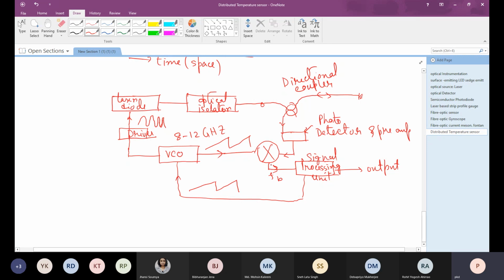So that will give rise to a shift frequency, because this light takes some time to travel this distance, and then the backscattered component is detected by the photodetector. So whatever electrical signal is being used to drive the frequency of the VCO, that frequency and this frequency will have a difference depending on the slope of this ramp.